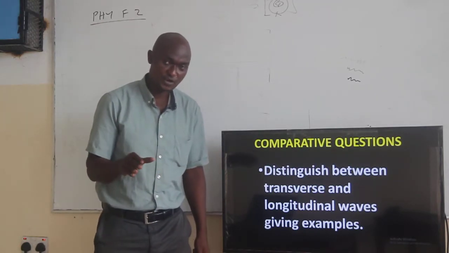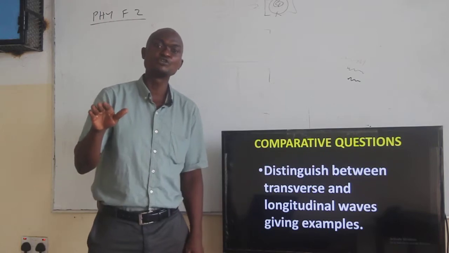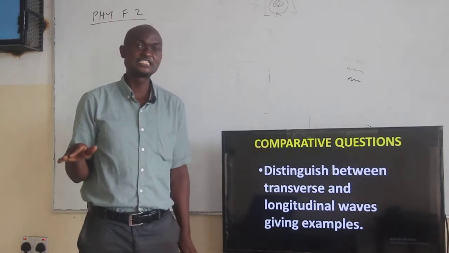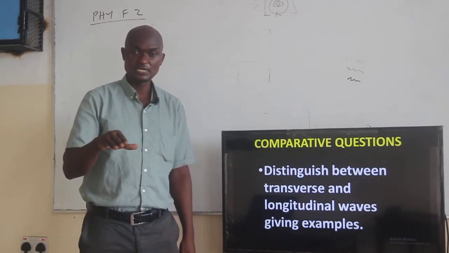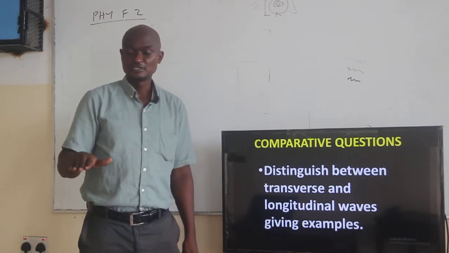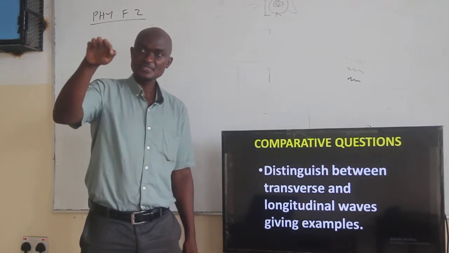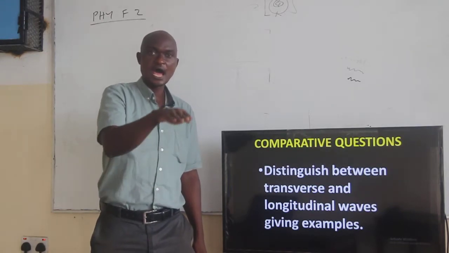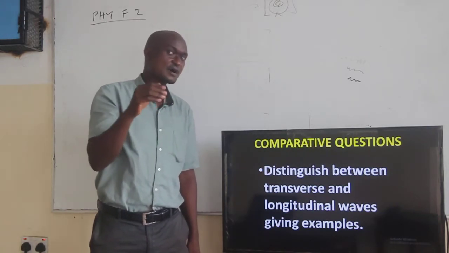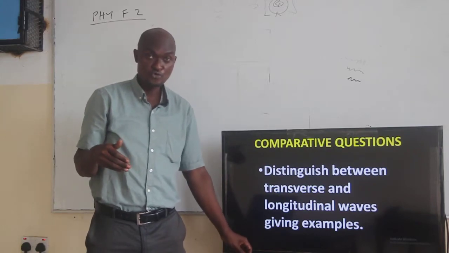Now, a good example of a transverse wave is water waves at the beach, the sea, or in a container, when it is made to move. It moves up and down, up and down. That's how it appears to be moving through the medium.